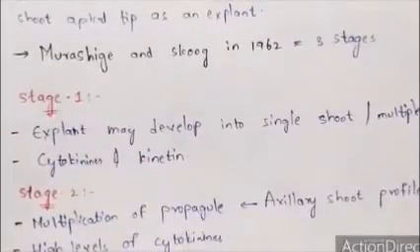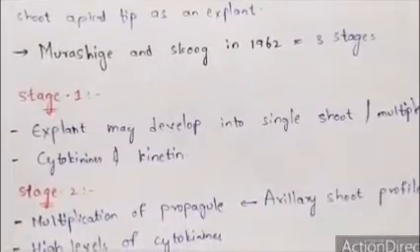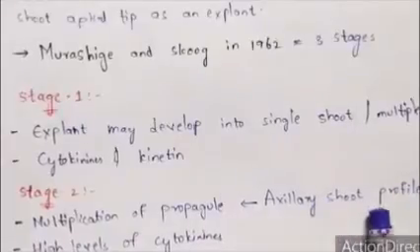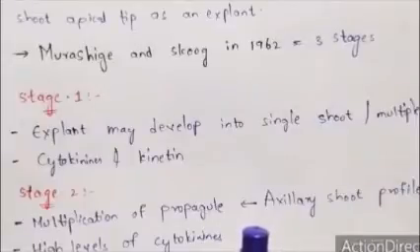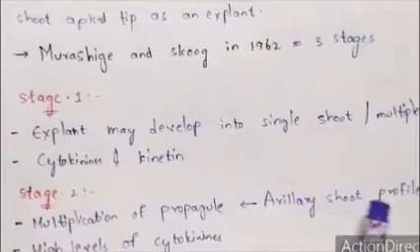And coming to stage 2, multiplication of propagule. In this multiplication of propagule, axillary shoot proliferation is followed. Why is it followed? Because it maintains higher genetic stability. So remember students, higher genetic stability is very important when you perform plant tissue culture. So this axillary shoot proliferation takes place.